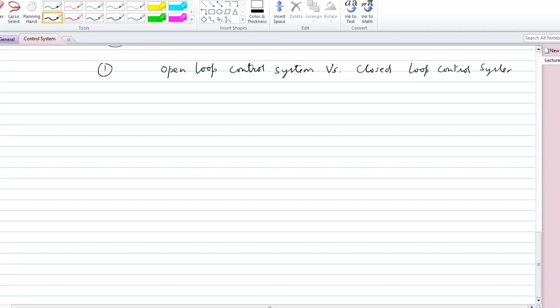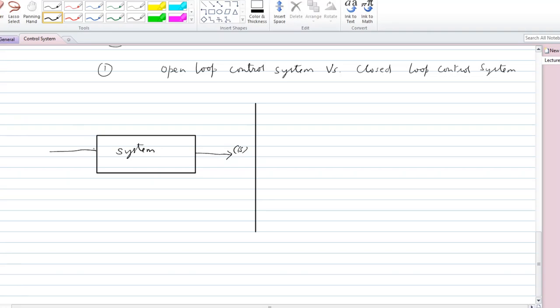See here what is the difference. Now in case of an open loop control system, your system looks like this, that there will be no direct connection or indirect connection between the input and output.